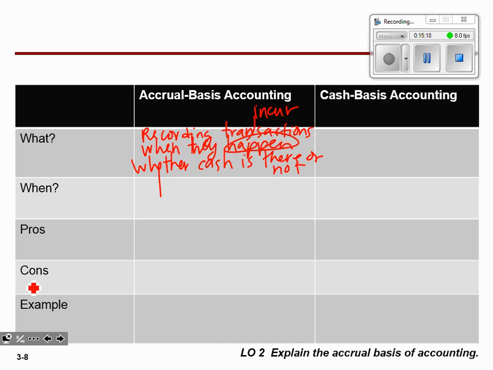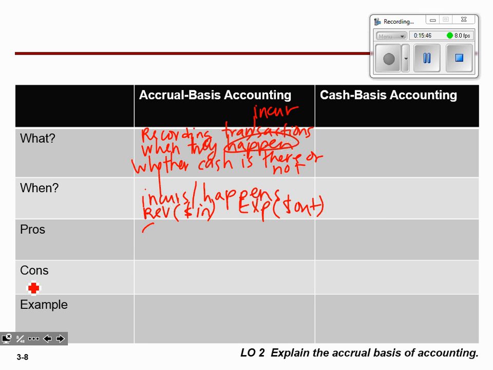Let's write it down again: as it incurs or happens. The transaction takes place under accrual basis accounting when the event happens, whether it's revenue, or money in, or expenses, which of course is money out. We say they happen when they happen, whether the cash is at the table or not.